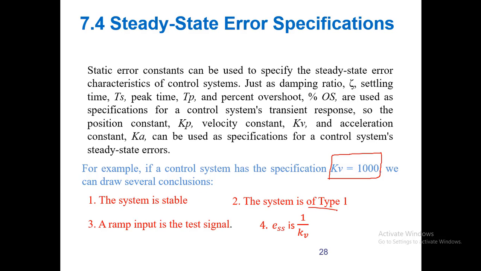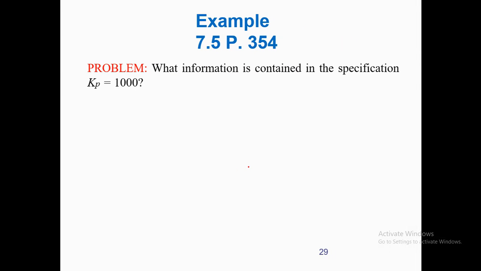It is type 1, because this Kv is only for the type 1 system, and for a type 1 system the recommended input is the ramp input, and the formula of steady state error is 1 over Kv. So depending upon the values and the specifications, we can draw conclusions and reach a point which is not specified before.